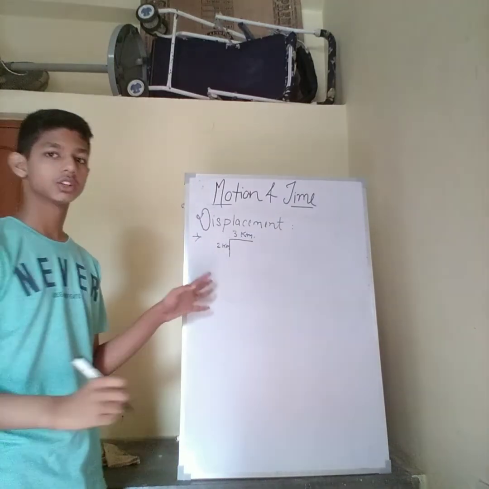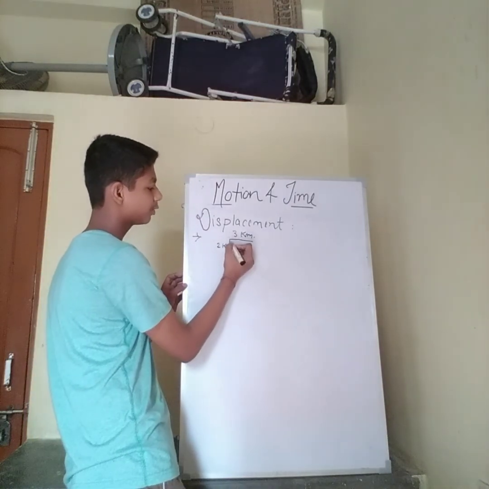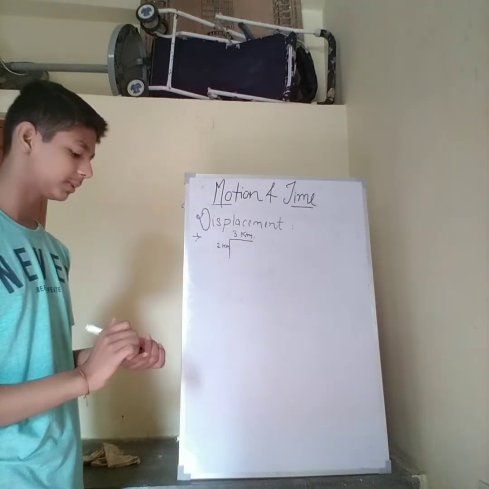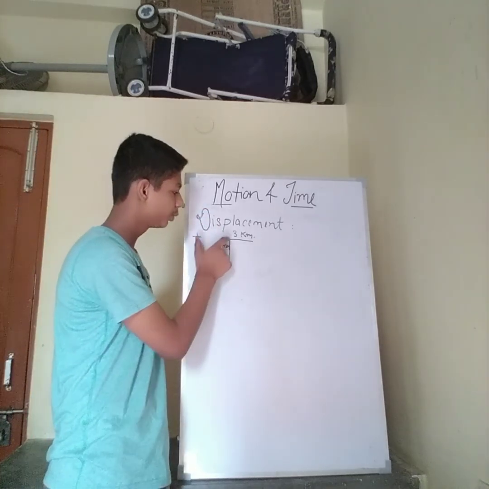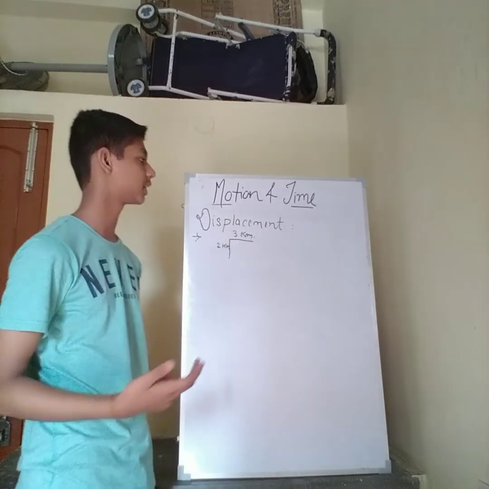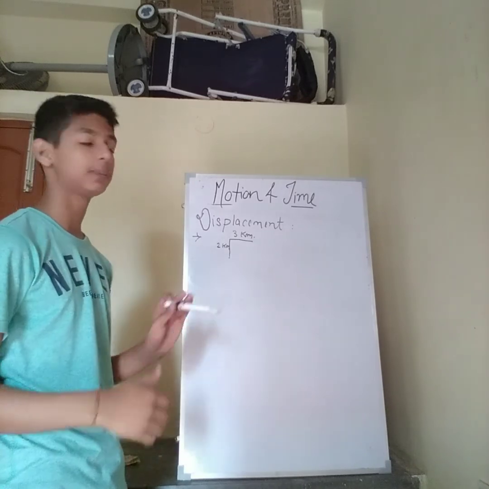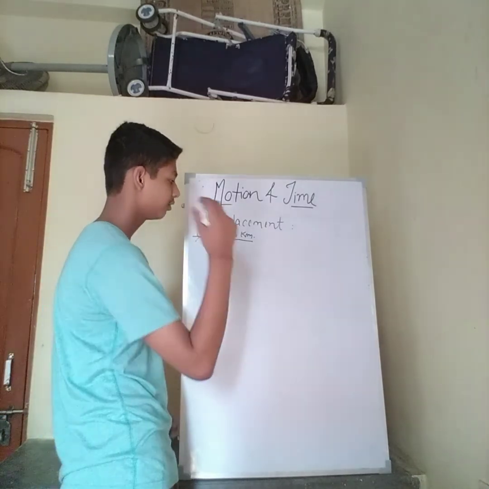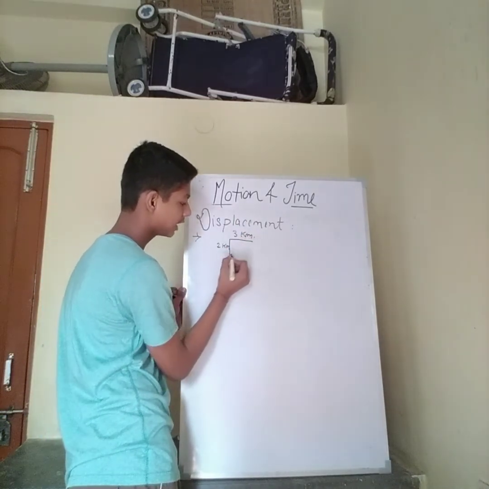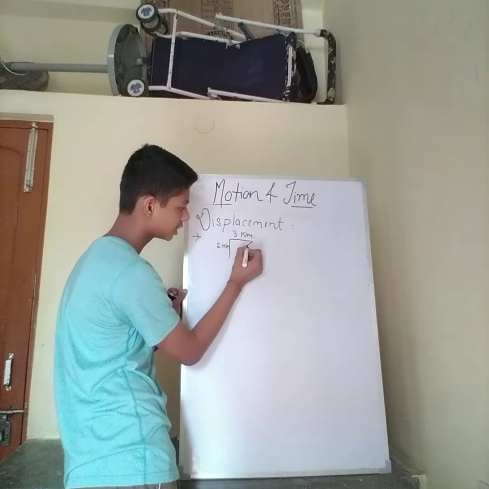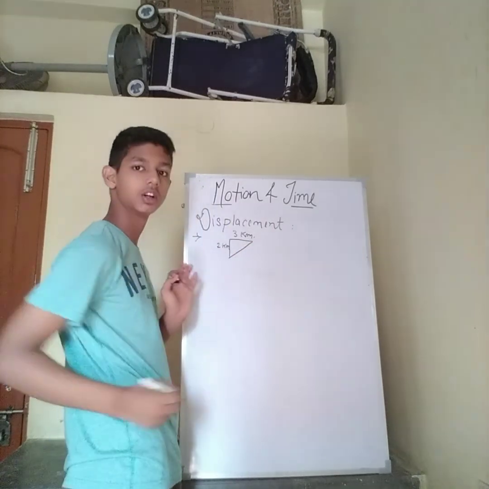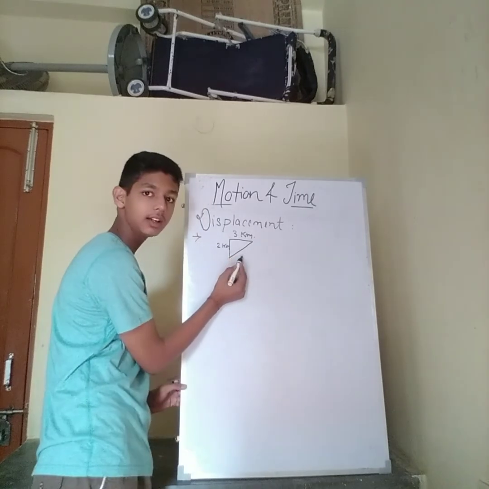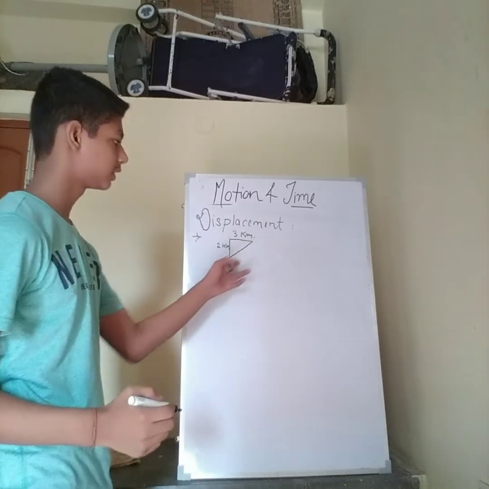If we have to calculate the distance traversed, it will be 2 kilometers plus 3 kilometers, 5 kilometers. But to calculate the displacement of this path, we join the initial and final positions by a straight line like this. This will be the displacement of this path.